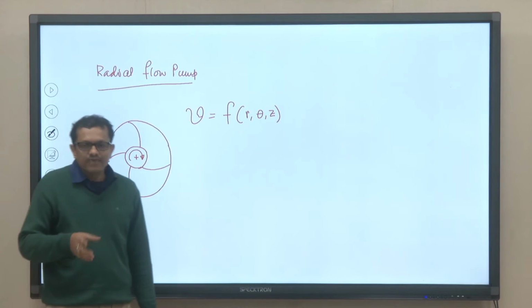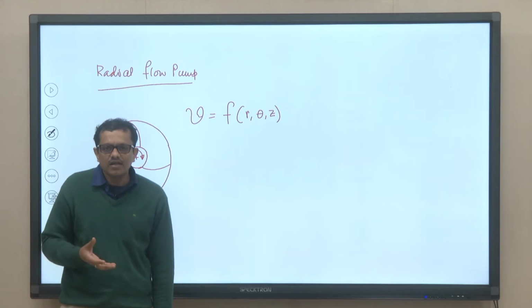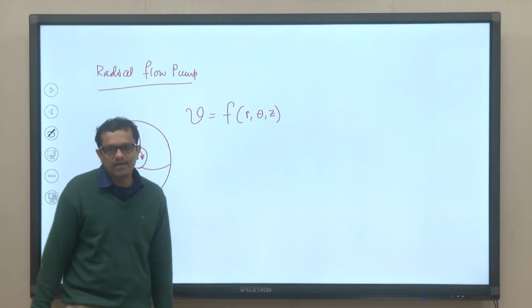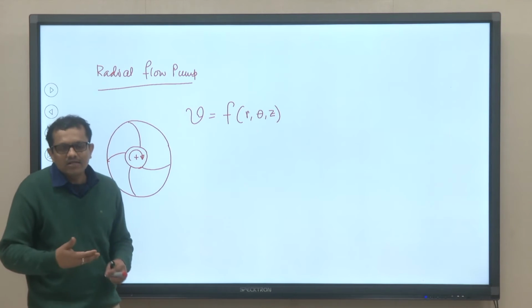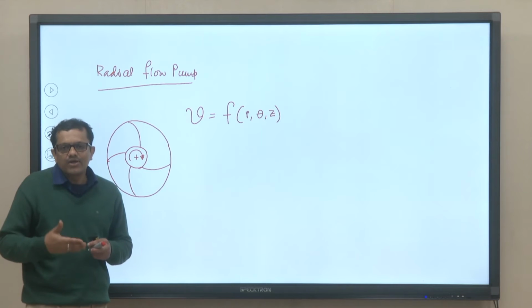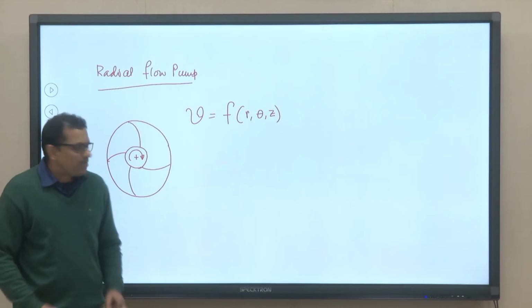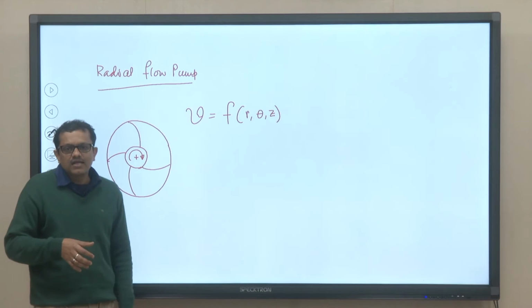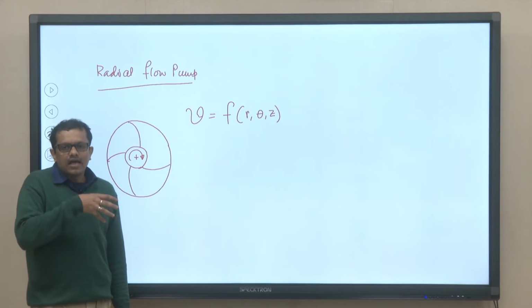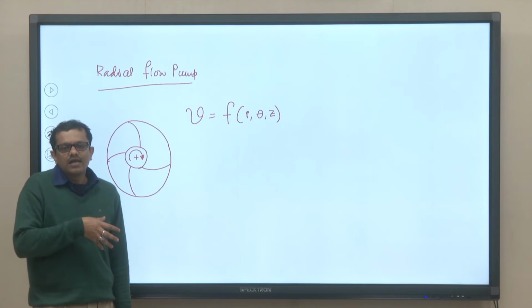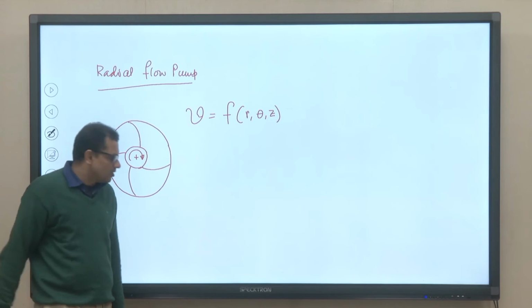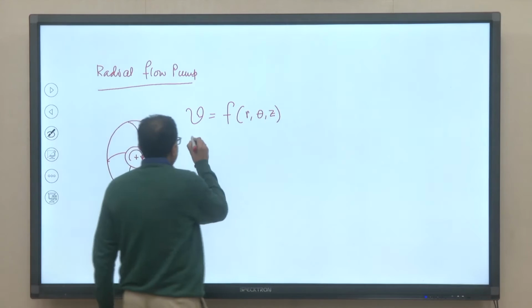Despite that, how can we assume the flow is one dimensional? Is it only because of the analysis that we are going to do now? We can assume the flow is one dimensional, but we should have justification, we should have arguments. So, one dimensional flow theory.